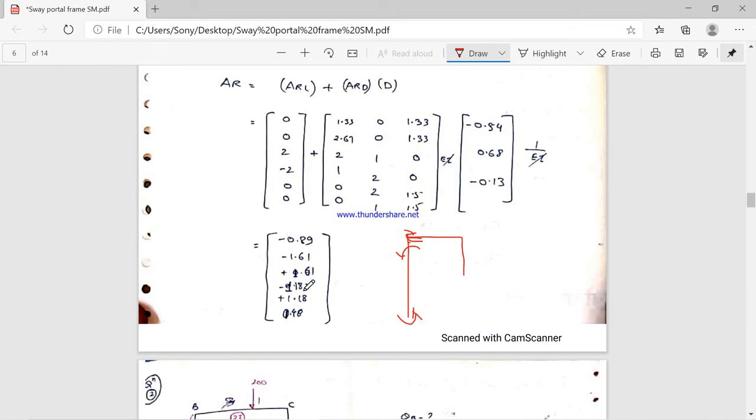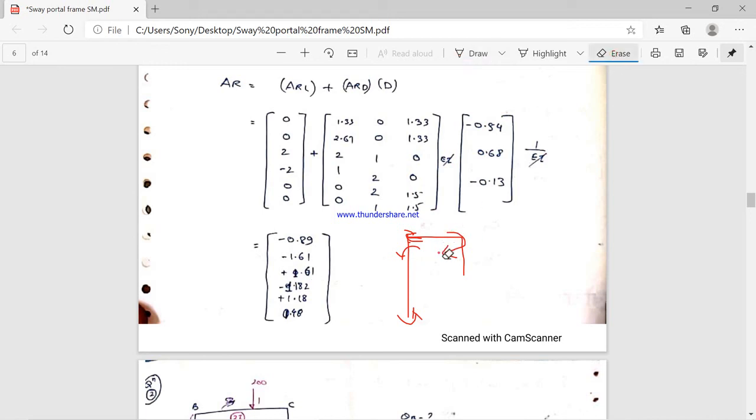First is minus, second is also minus, third is plus, fourth is also plus. The first, second, third and fourth are going clockwise or anti-clockwise accordingly.